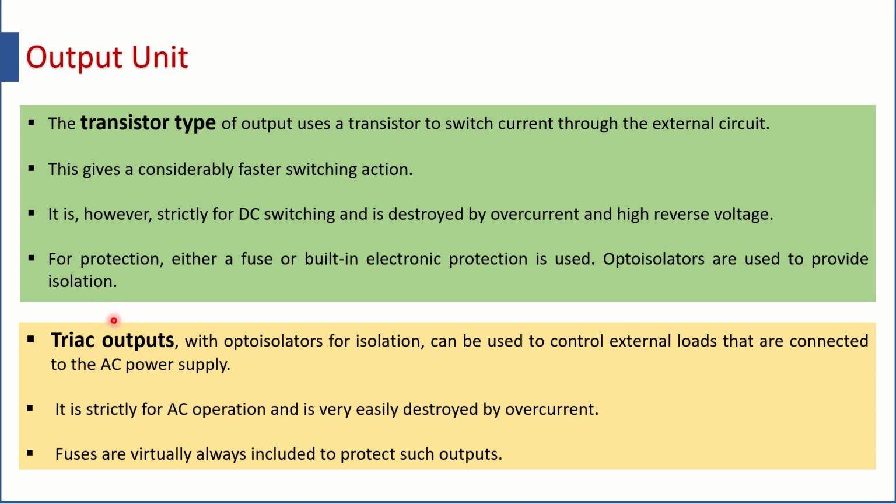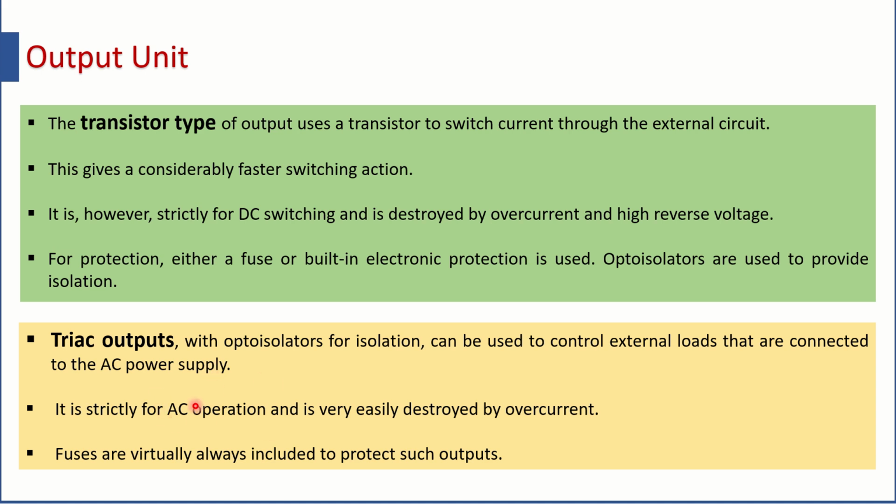Finally, you have triac outputs also. So these are the three types of signal conditioning: relay, transistor, and finally triac. With opto-isolators for isolation, triacs can be used to control external loads connected to an AC power supply. Because triacs can conduct in both directions, they are applied for AC applications.